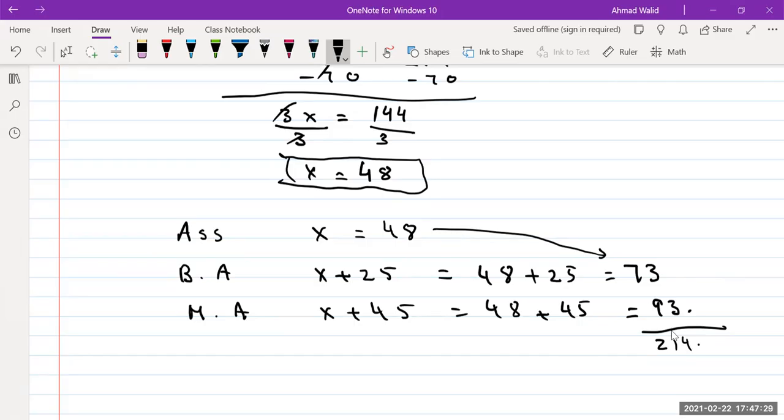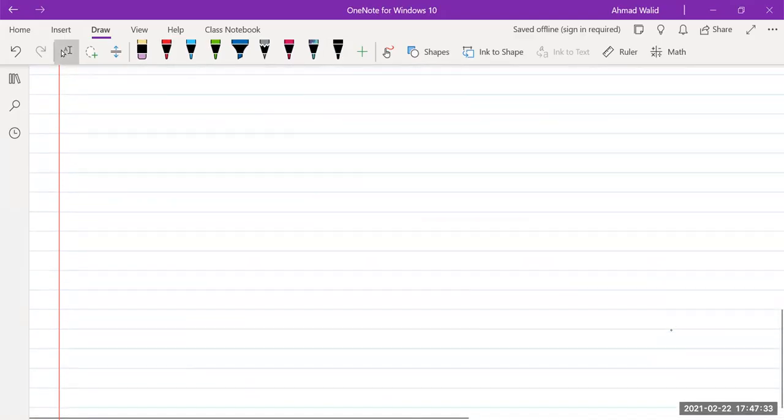This is how you solve a word problem. Correct? Sometimes they give you problems like: one number is 25 more than the second number, the third number is twice the second number.